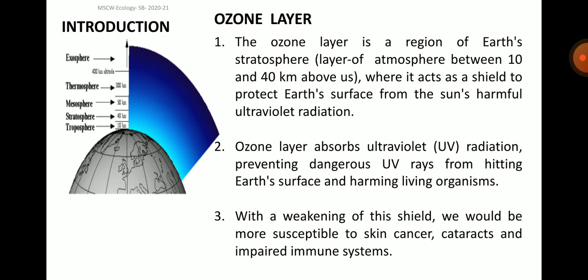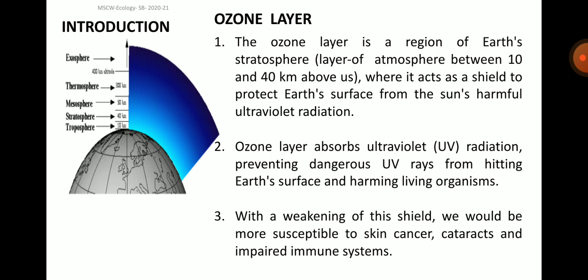Here you can mention the ozone layer is a region of Earth's stratosphere, which is a layer of atmosphere between 10 and 40 kilometer above us, where it acts as a shield to protect Earth's surface from the sun's harmful UV radiation.